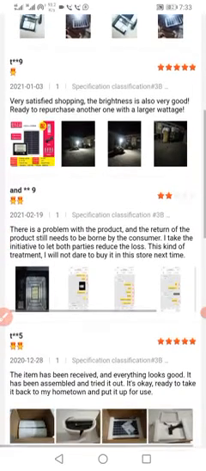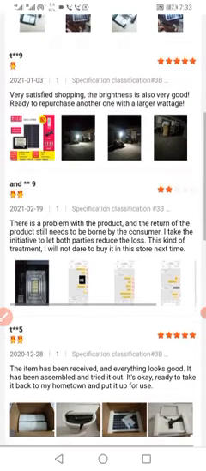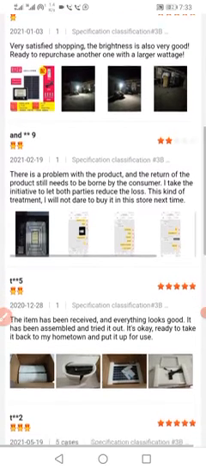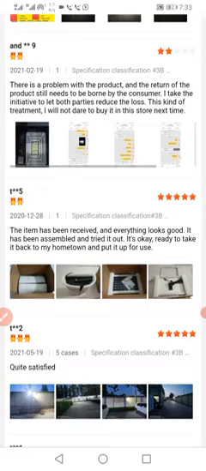So this one said there is a problem with the product and return of the product still needs to be borne by the consumer. I take the initiative to let both parties reduce the loss. This kind of treatment, I will not dare to buy it in the store next time. I guess this person had a bad review on this. The item has been received and everything looks good. It has been assembled and I tried it out. It's okay, ready to take it back to my hometown, put it for use.